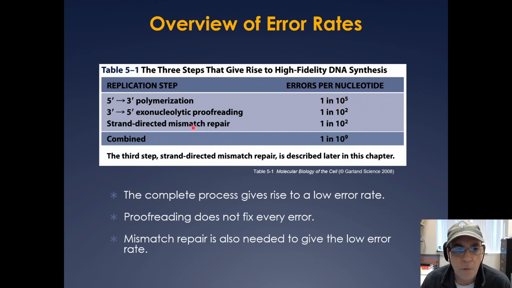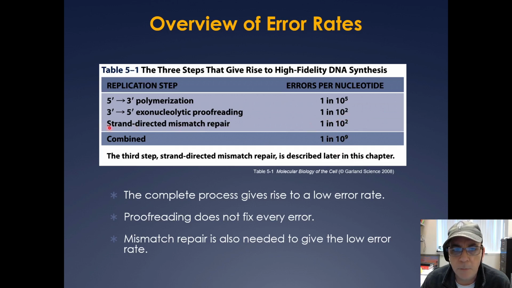Okay, but when you incorporate the exonuclease activity in the proofreading, that goes up by quite a bit. It goes up to basically 1 times 10 to the seventh. But that doesn't get us to the 1 times 10 to the ninth that we need.